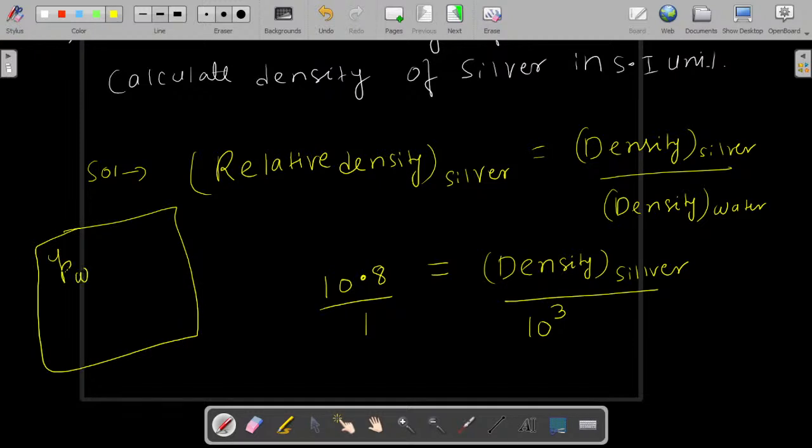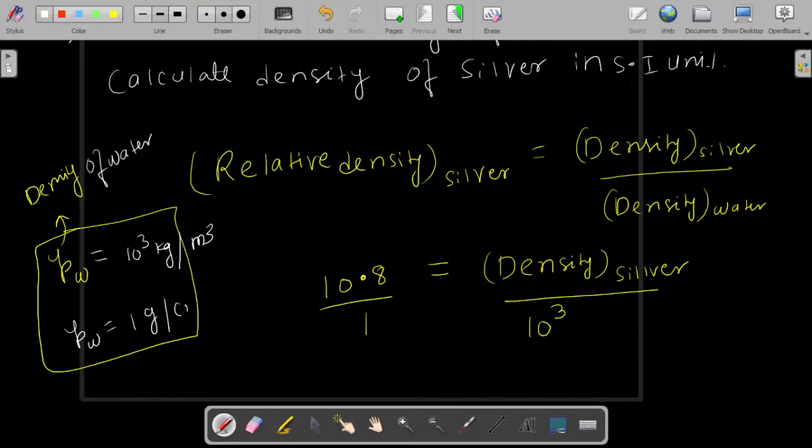Density of water, rho is density, this represents density. Density of water is 10 to the power 3 kg per meter cube, or density of water is equal to 1 gram per centimeter cube.